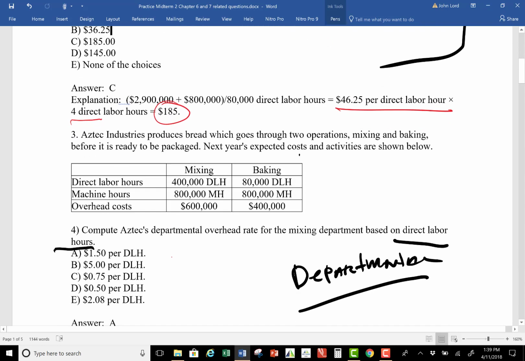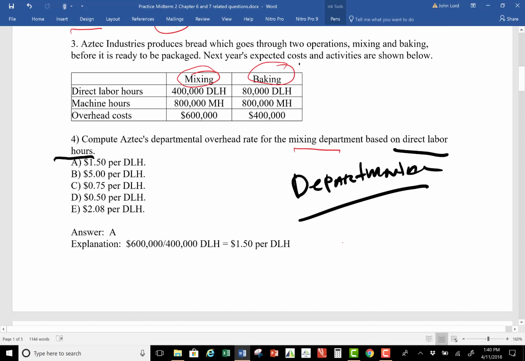Now, what this one is doing is showing you how you would do this if you came up with a department-wide rate. So they have mixing, they have baking, two different departments, I guess, for this bread company. If they ask the mixing department's overhead rate using direct labor hours, you simply take the overhead cost for that department, divided by whatever they told you the driver was for that department, direct labor hours, and that gives you the departmental overhead rate for, in this case, mixing.